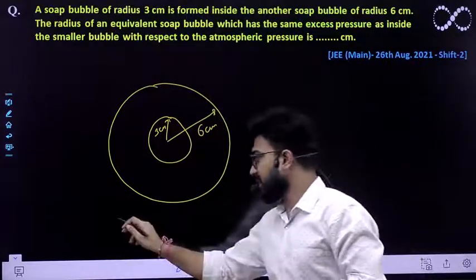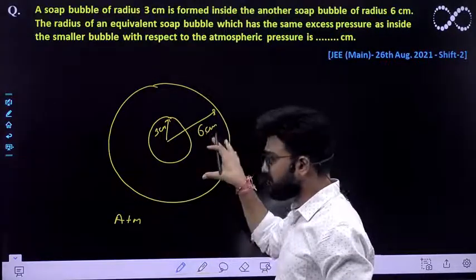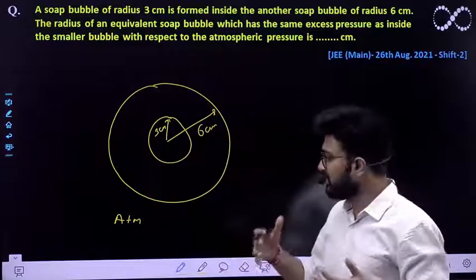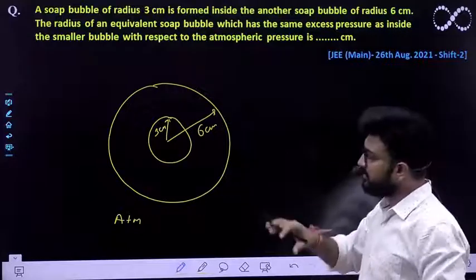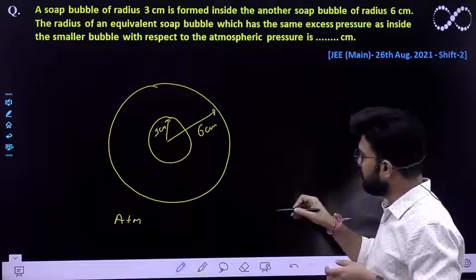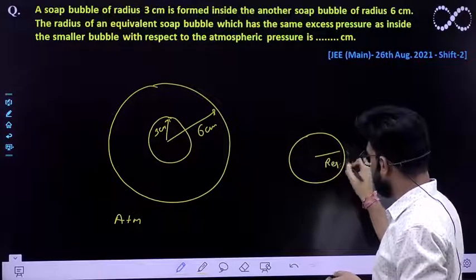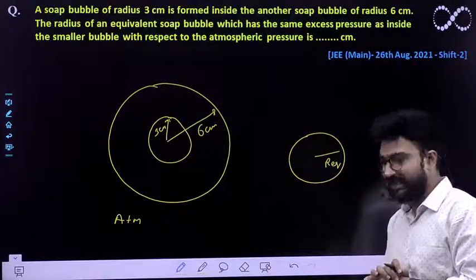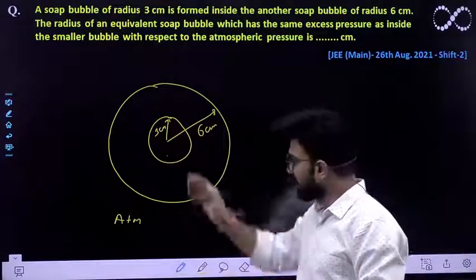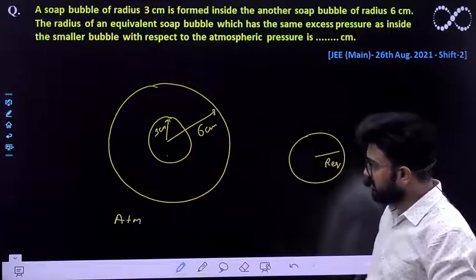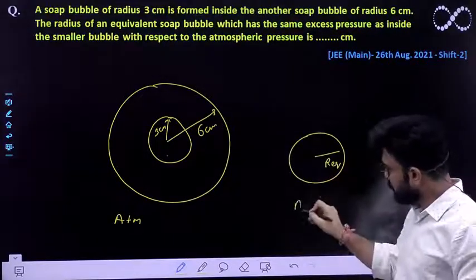Suppose outside atmosphere is there, and so these bubbles will be experiencing atmospheric pressure from outside. So the question is, what would be the equivalent radius of another soap bubble so that the excess pressure in the smaller bubble as compared to the atmosphere is the same in this bubble with respect to atmosphere.